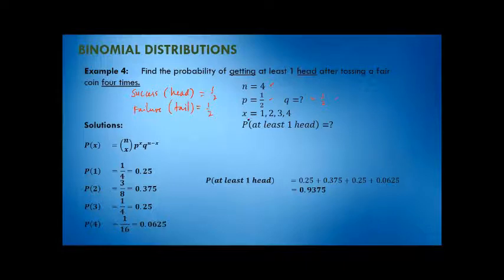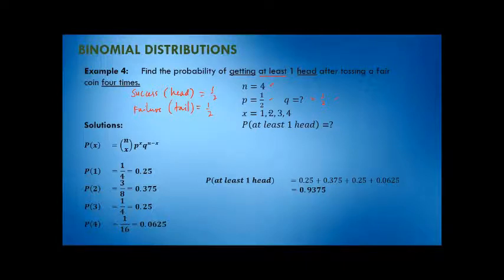Now, pagdating sa value ng X, kung bakit siya 1, 2, 3, 4, kasi ang sabi, at least 1 head. So, ibig sabihin, kasama yung 1 head, 2 heads, 3 heads, and 4 heads. So, hanggang 4 lang tayo kasi hanggang 4 times yung trials.